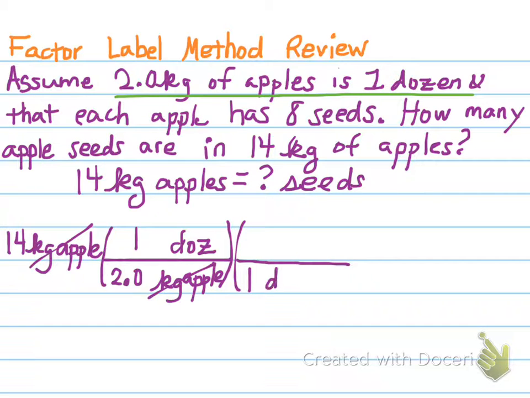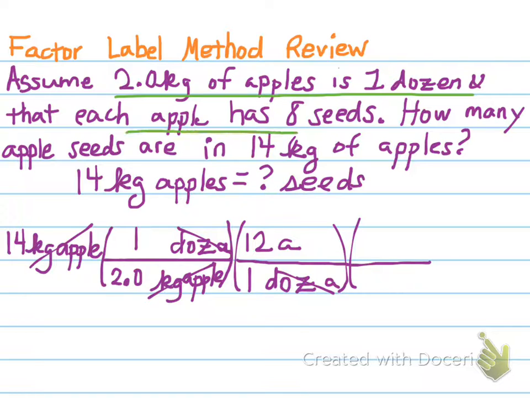We know 1 dozen, and we'll put an A behind here for apples, is 12 apples. And we know that 1 apple has 8 seeds. So apple to seeds, we know 1 apple has 8 seeds. And we wanted to take kilograms and figure out seeds, which we have.